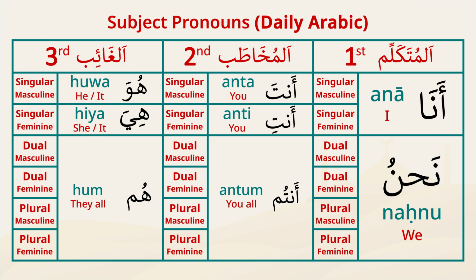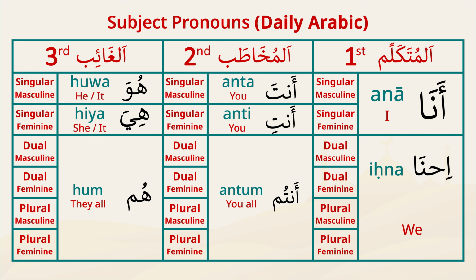For the first person, the pronoun أنا is pronounced exactly the same, أنا, while the pronoun نحن is either إحنا, this is the most popular, and in some Levantine areas, we say نحنا. So, أنا, إحنا, or نحنا.